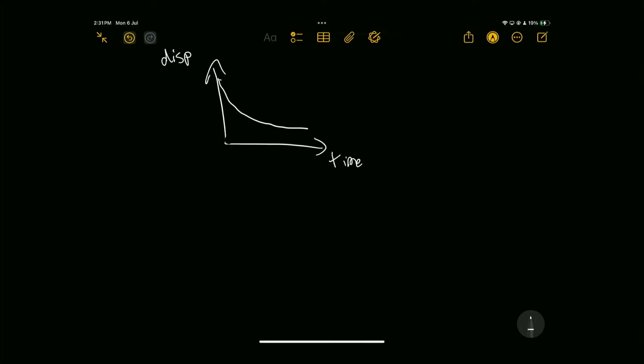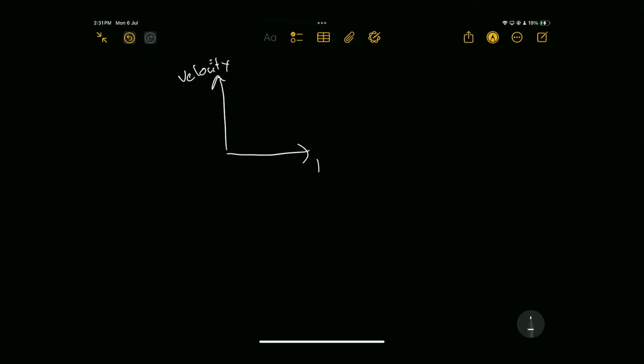Now we saw these graphs called velocity time graphs. Velocity time graphs now. In these velocity time graphs, this should be a straight line parallel to the time axis. How would we describe the motion of this body, this object?